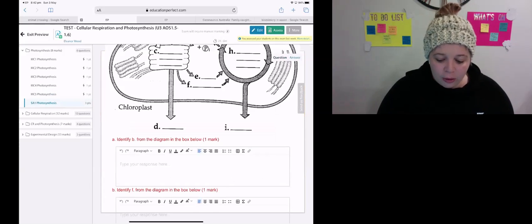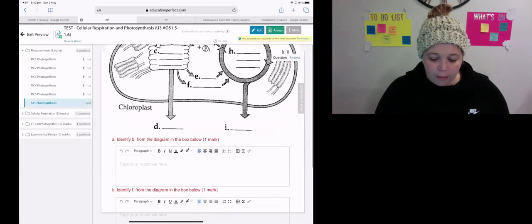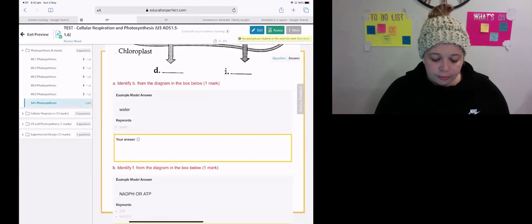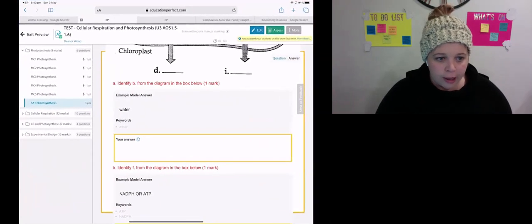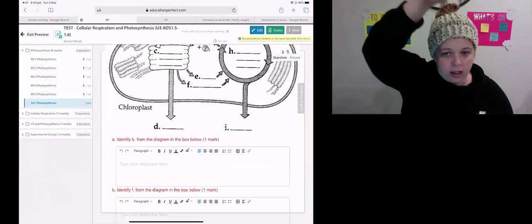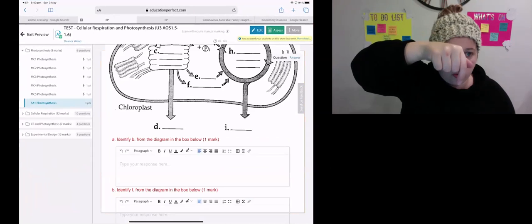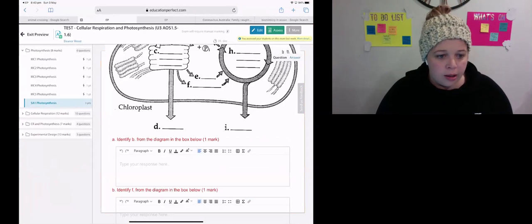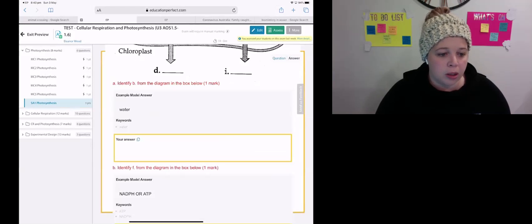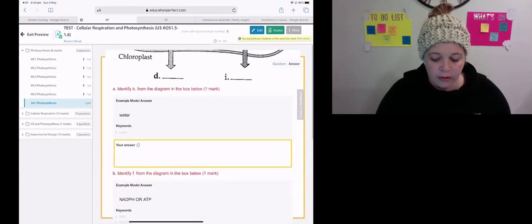All right, now we have to identify from the diagram above. Oh goodness, the diagram's not going to show right now. But what we should see here is that B was showing the arrow going into the granum, and that would be water. What is F?